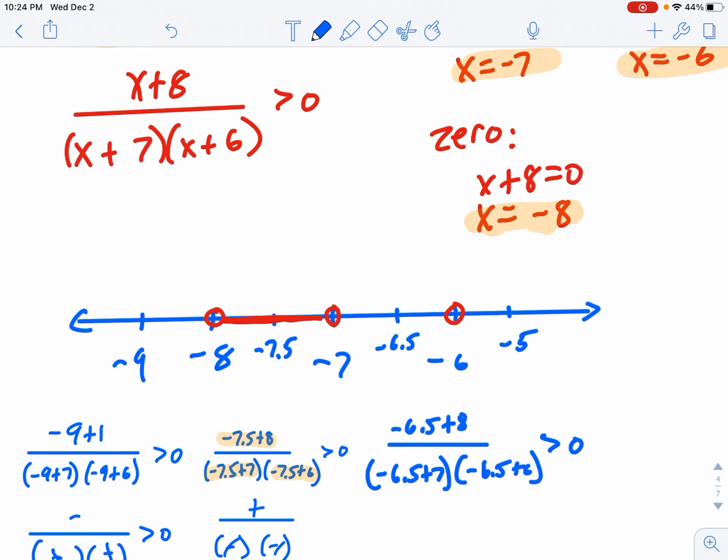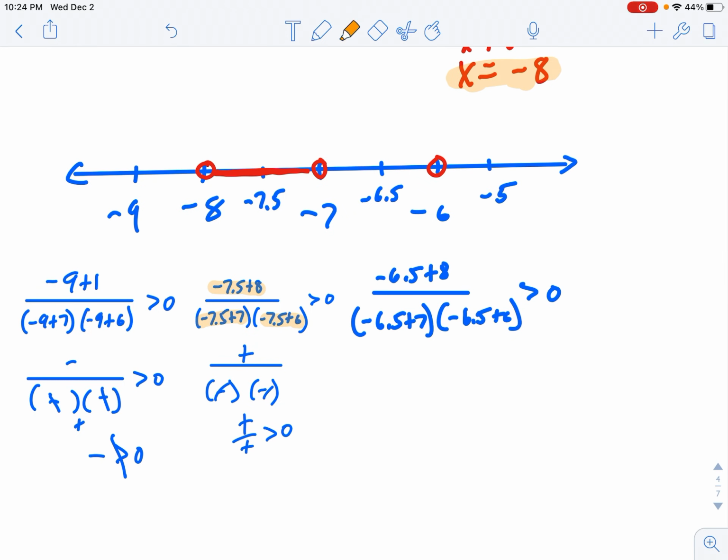Is that greater than 0? Okay, so what's negative 6.5 plus 8? I don't know, 1.5 or whatever, but the point is it's positive. What's negative 6.5 plus 7? That's going to be another positive. And negative 6.5 plus 6, that's a negative.